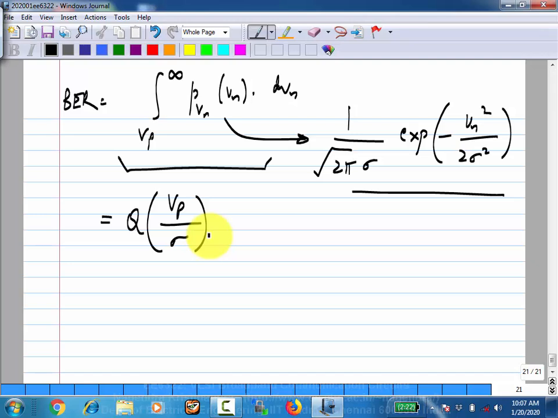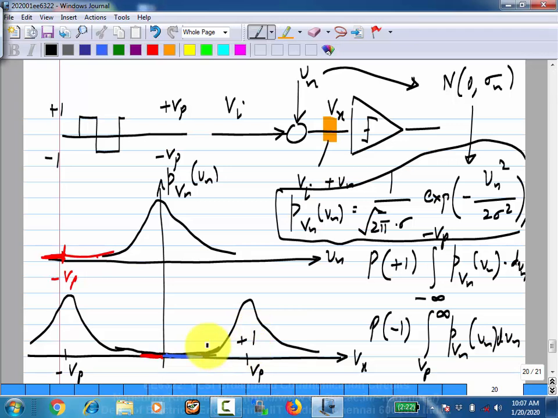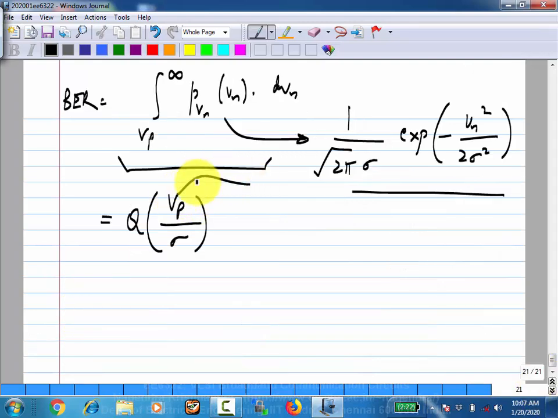Vp is the symbol amplitude or half the symbol spacing, right? What I mean is, you have the plus 1 symbol here, minus 1 symbol there. The distance between them is 2 times Vp and half of that is Vp. So that's what appears in the numerator, and what appears in the denominator is the standard deviation of noise that gets added. We are assuming, of course, a Gaussian distribution here. Okay.